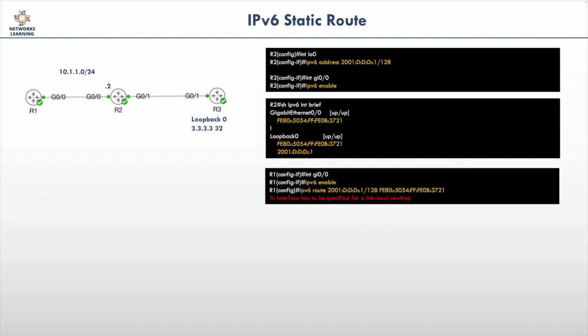So jumping to R1, I enable IPv6 under gigabit 0/0, and then I create my IPv6 route.